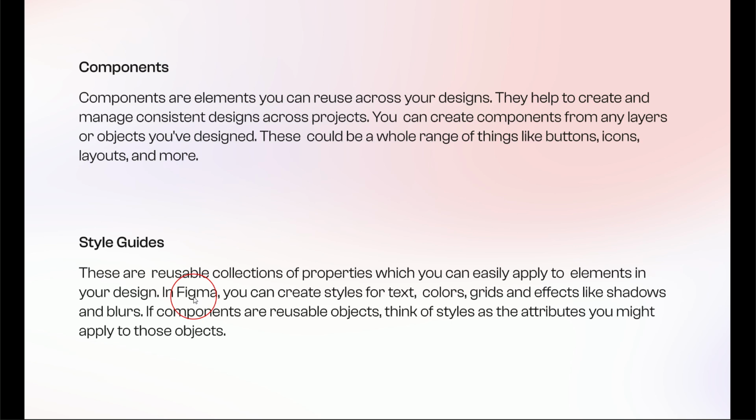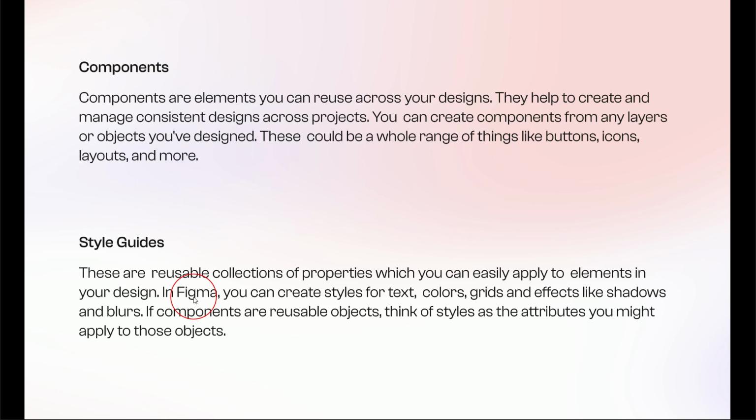You have seen that this button, if you've done research, you know some buttons can be on stroke sometimes, and later on fill, or maybe blank with only the text. So if components are reusable objects, then styles are attributes you might apply to those objects.